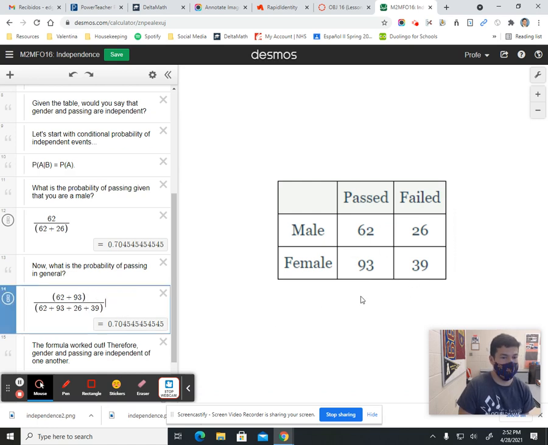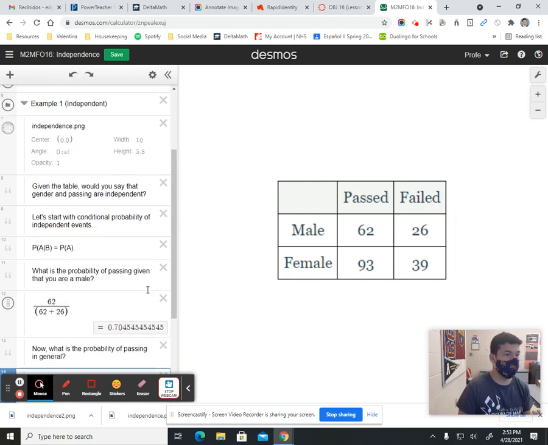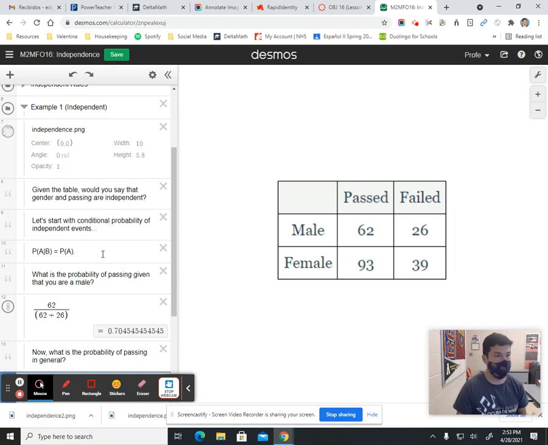And it'd be good if you made a totals column for your two-way tables, right? But when I check that fraction out, I get the exact same percentage, 70%. So this means that these are independent. There's no dependence between the two events because I got the same percentage. And this would work also if you used your product rule.